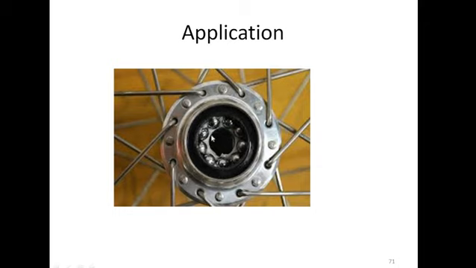Because of the ball bearings, the friction between your hub and shaft is reduced, because there is no contact between the hub and the shaft. This is the main purpose why we have used this.